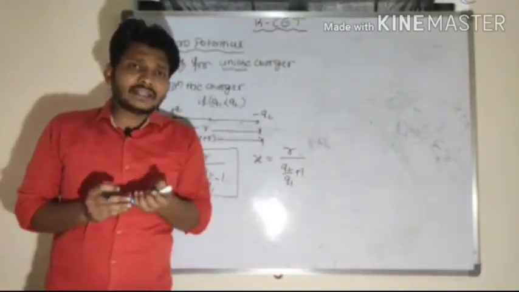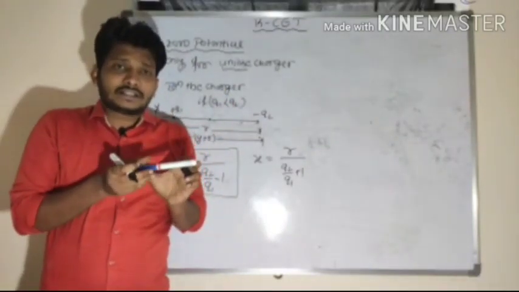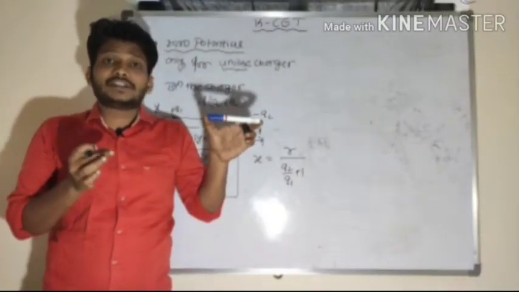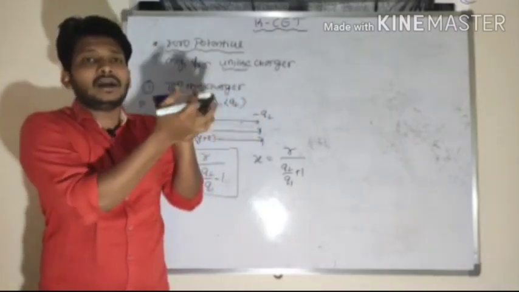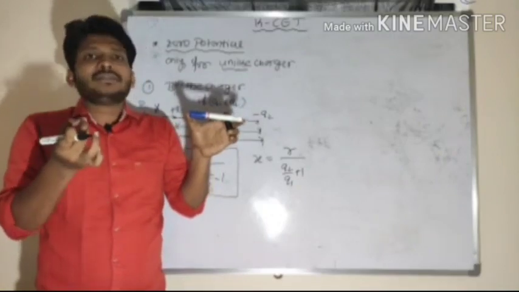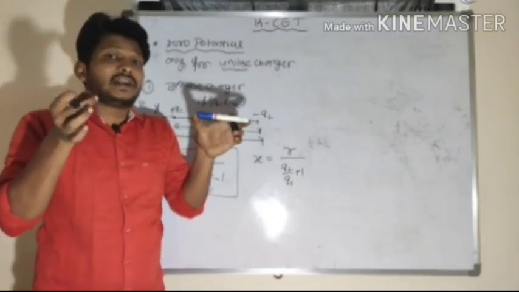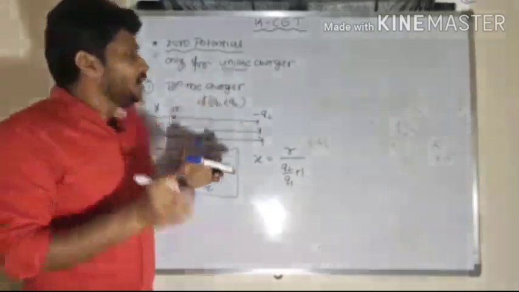Now in case of a dipole, I will consider the electrostatic potential due to a dipole. A dipole consists of one positive and one negative charge. Due to a dipole I will get a certain potential here.